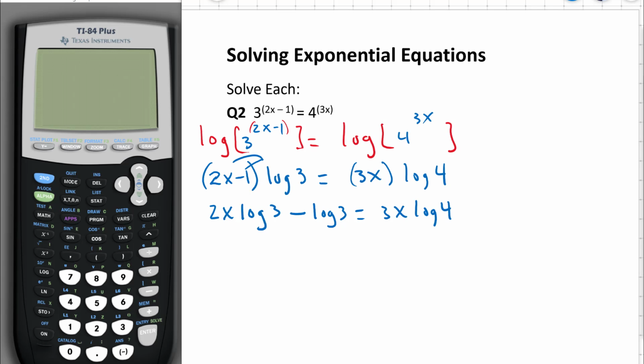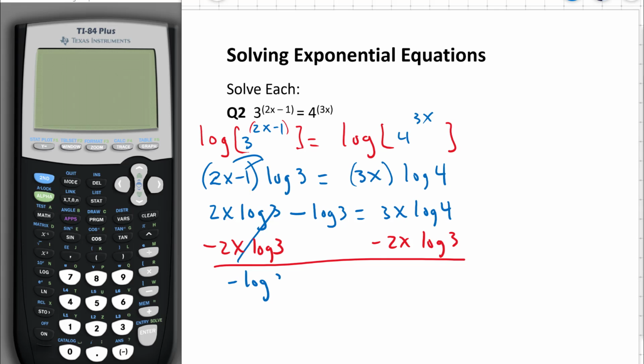Okay, similar to the last problem, I got x's on both sides and I need to clean that up. So I'm going to minus this term and move it over to the other side. Now I wish those were like terms, but they're not.